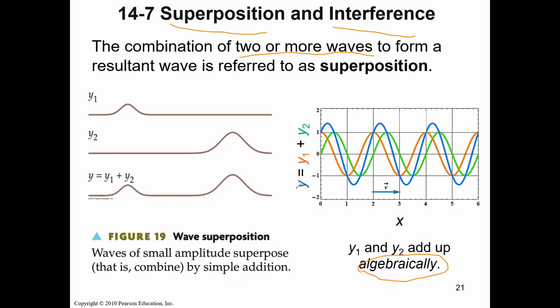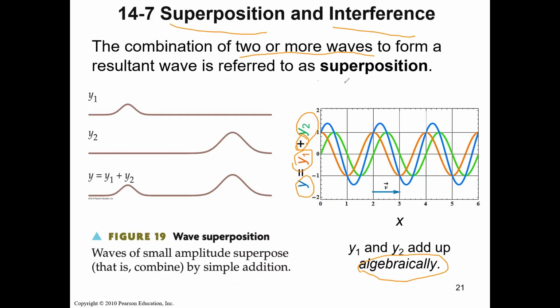Okay, so this means that we have a wave described by y1, which is this orange curve, and a wave described by y2, which is this green curve. And if we want to know the combination of these two waves, we basically add them together. Okay, and that's the resultant wave, which is y. Okay, and it's blue.